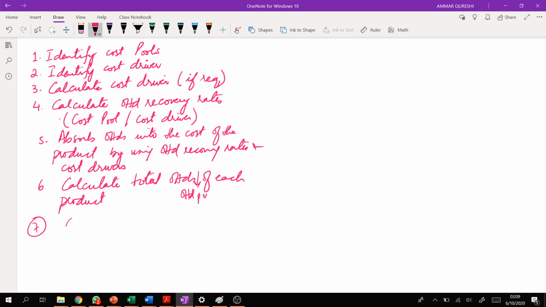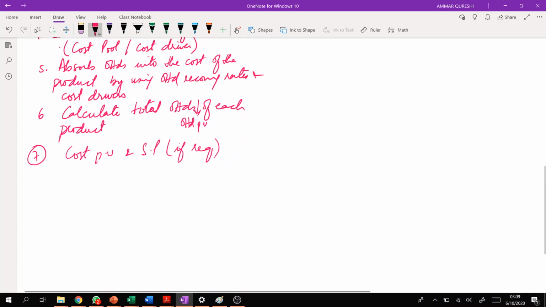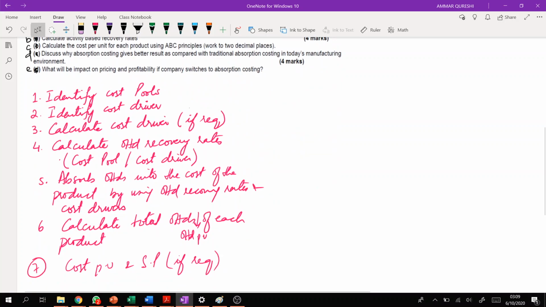And then you have to calculate cost per unit and selling price if required, because it's not compulsory that the examiner will ask you to calculate selling price in all cases, but in a few cases the examiner asks you to calculate selling price, so if it's required you have to calculate it, right? So these are some basic steps of ABC.